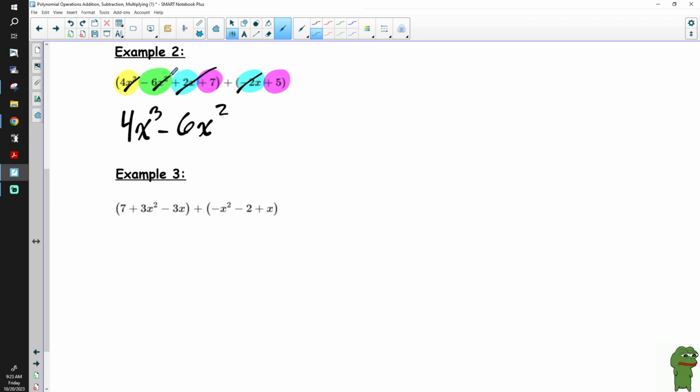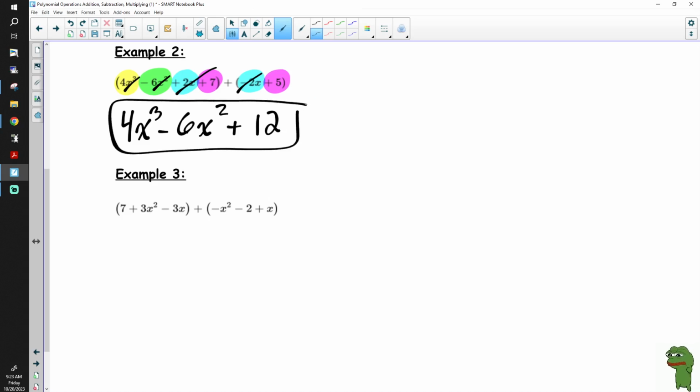And then 7 plus 5, positive 12. Check it. Try example 3. If it's 0, you don't have to put anything. 0 means nothing. So you put down nothing. Beautiful. If you like your invisible ones, you can put them in.